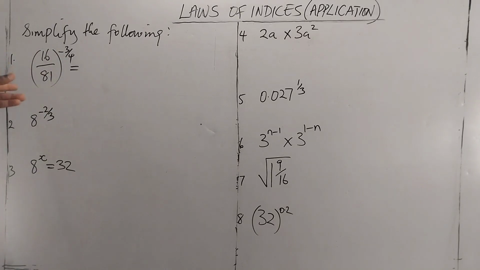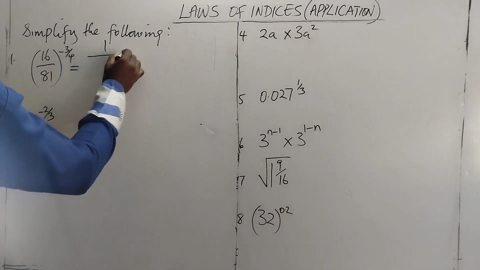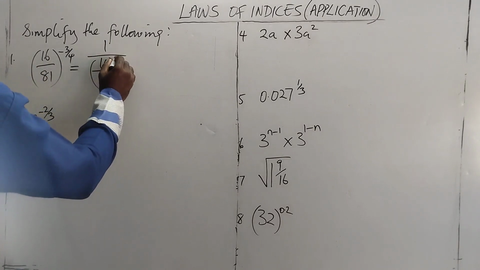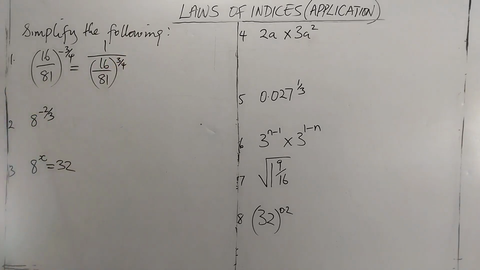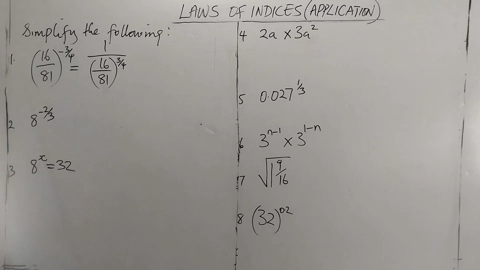So we are going to apply both the law on negative index and also the law on fractional index. If you do that, that will give us 1 over 16 over 81, all raised to power 3 over 4. Remember, the negative gave us the reciprocal.